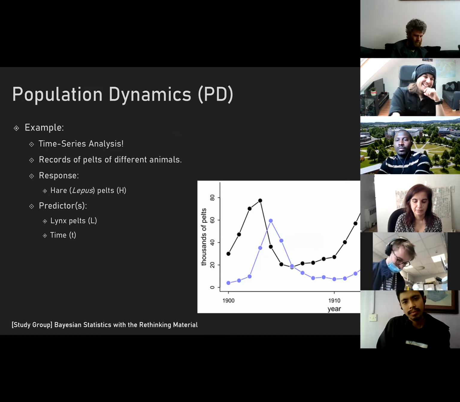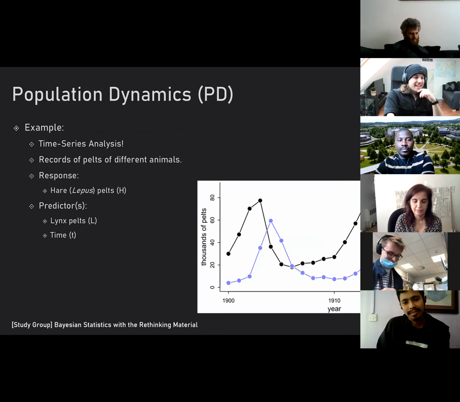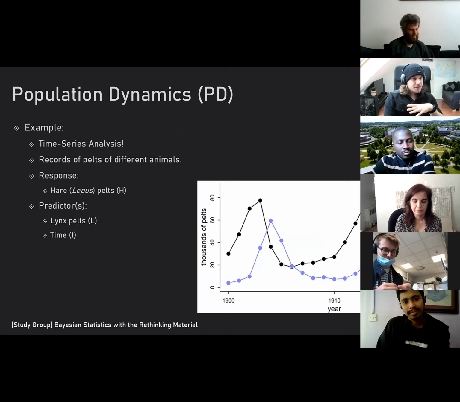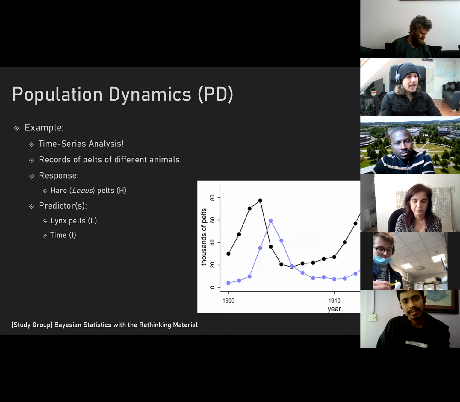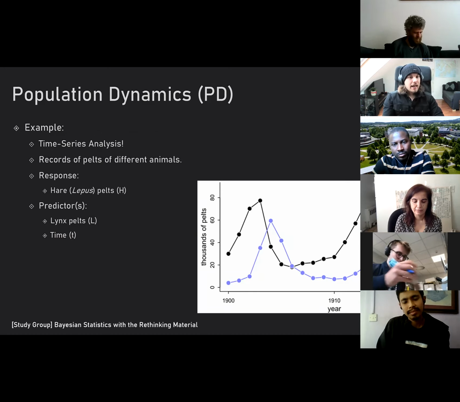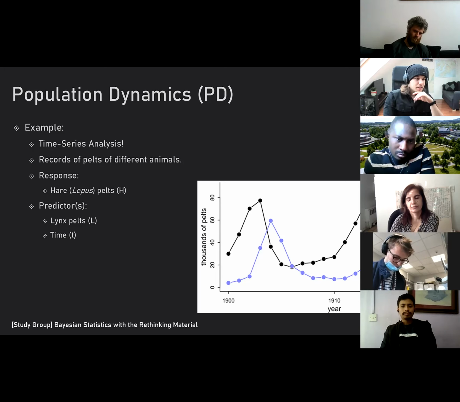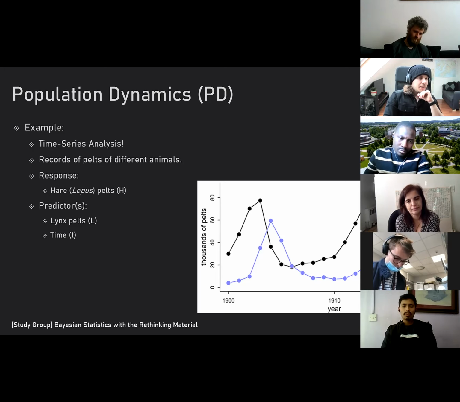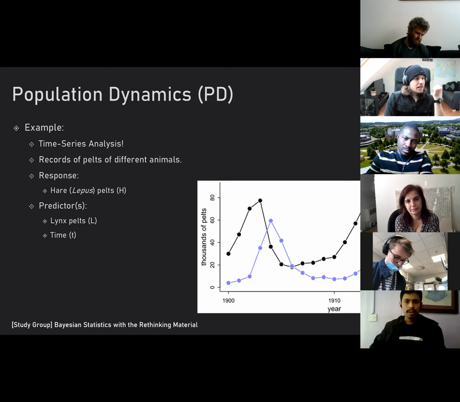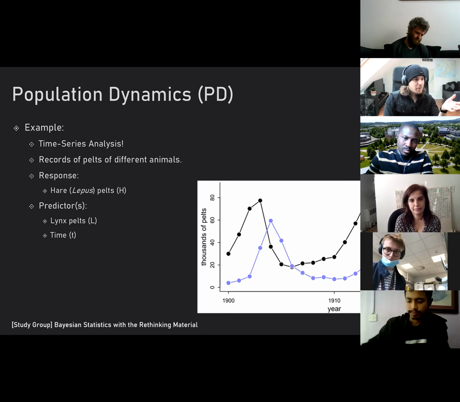The example here is a time series analysis where we've got records of pelts of different species, these two species being hares and lynx. And what we look at here is just the response of the hare pelts on the right-hand side, labeled as lepus, and the predictors being the lynx pelts and the time that has passed since the beginning of our record keeping.